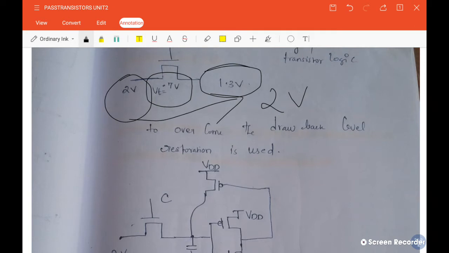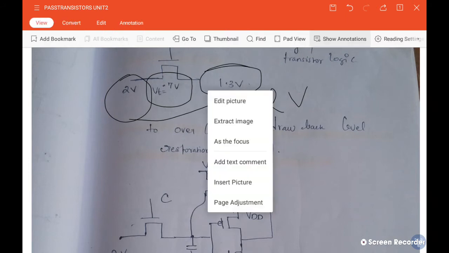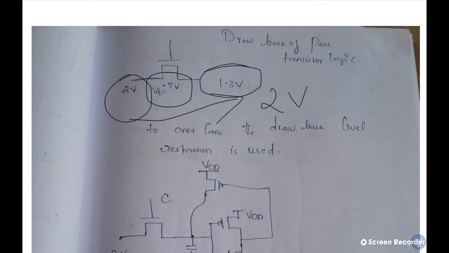If it happens for one NMOS, no problem, but when you cascade many NMOSs, that means in series, the output will keep degrading continuously. It keeps on decreasing, and that is an unfavorable thing.